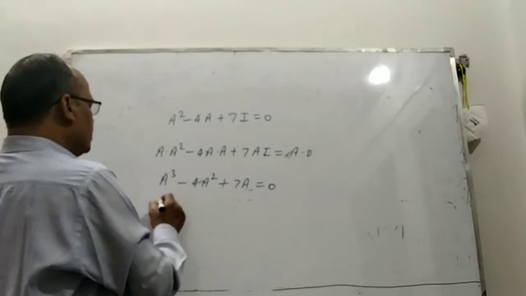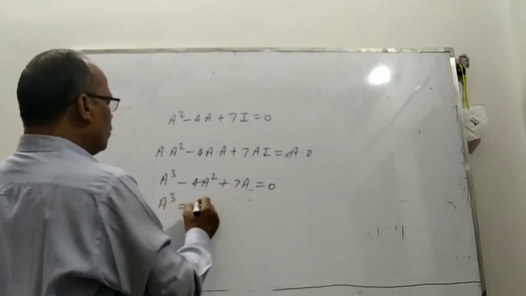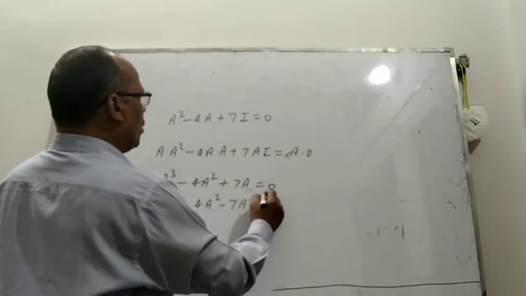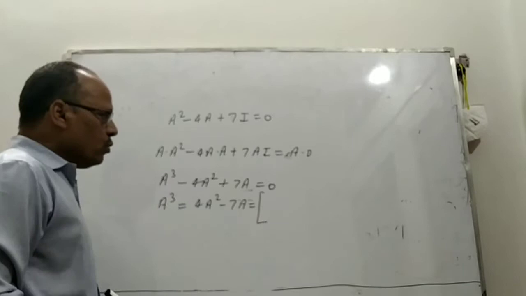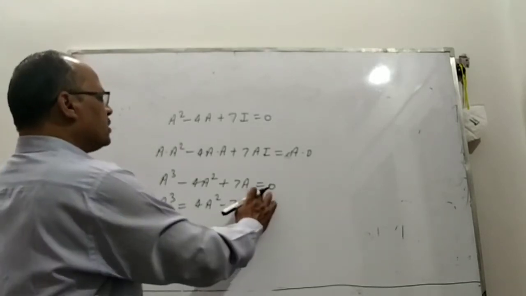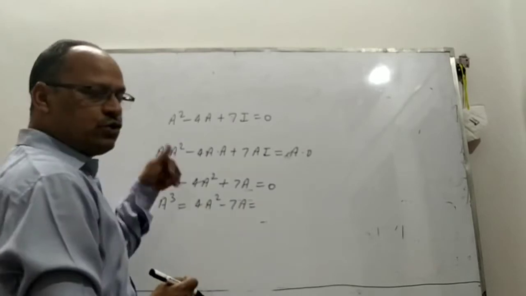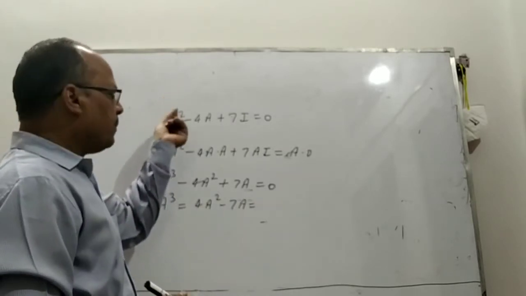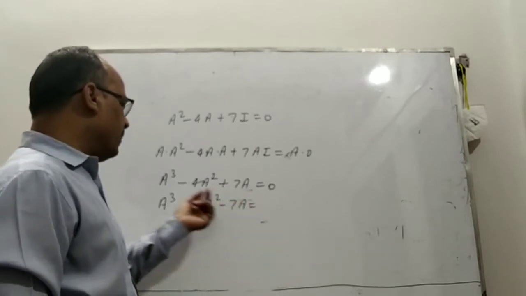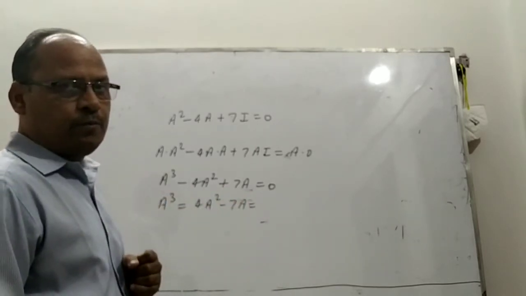By help of this, you can get A cube equals 4A square minus 7A. The value of A square I have written previously; you will substitute here the value of A square by help of the previous step, and the value of A you will put here, simplify, then you can get A cube.